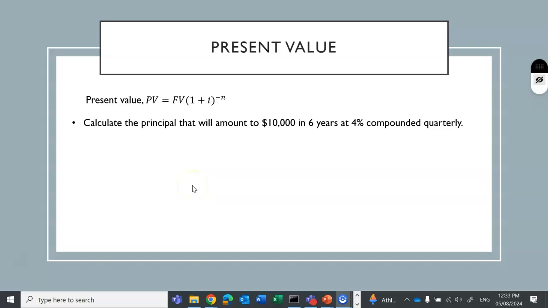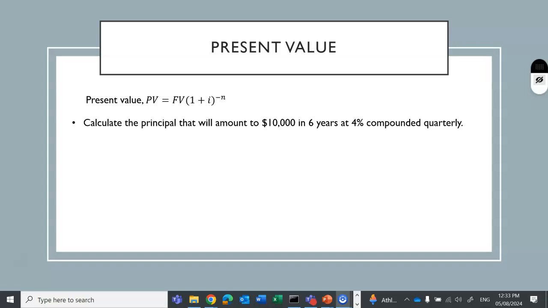To calculate the present value, we'll use the same formula the other way around. So PV is equal to FV times (1 plus i) exponent negative n, where i, n have their usual meaning. Periodic rate of interest is i, n is the number of compounding periods for the whole term, FV is the future value. So let's see an example.